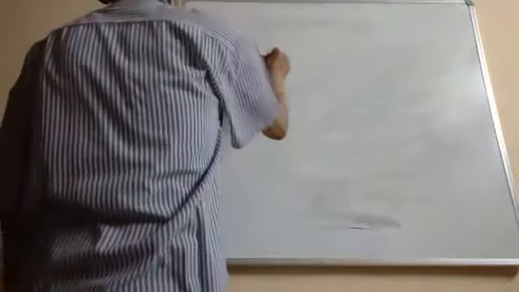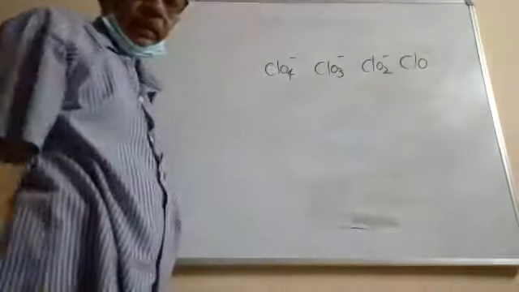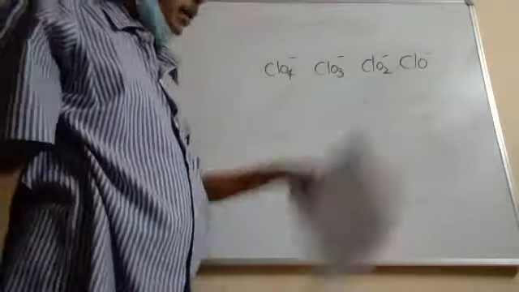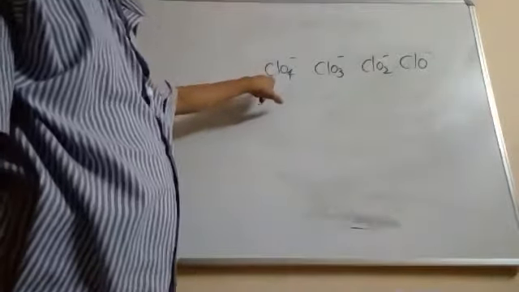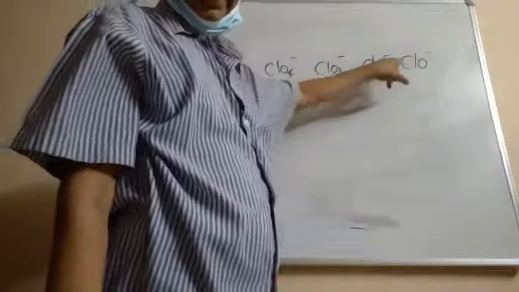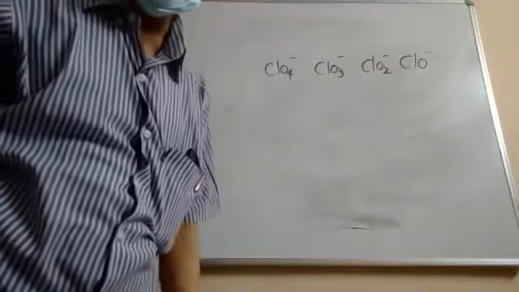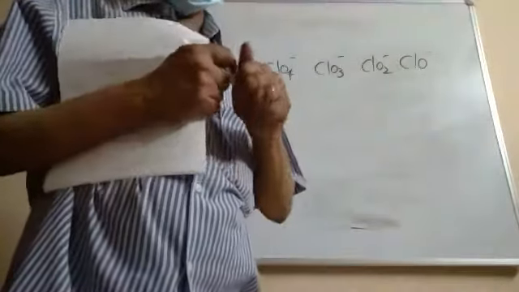So for example, we have the polyatomic anions of chlorine and oxygen: perchlorate, chlorate, chloride, and hypochlorite. Which of these species is easily reducible? From a common sense point of view, can you answer that question?